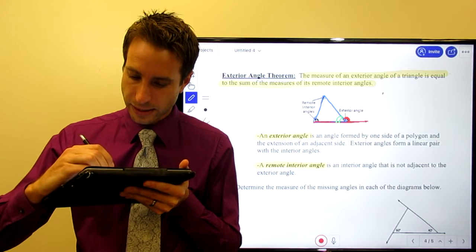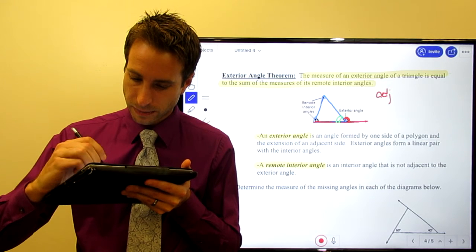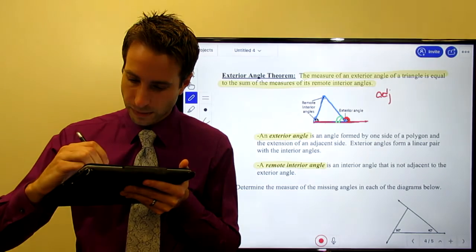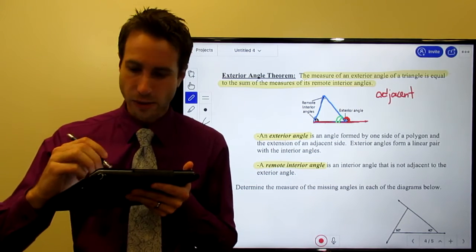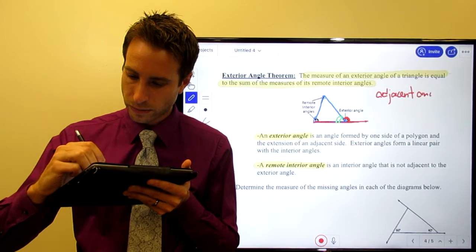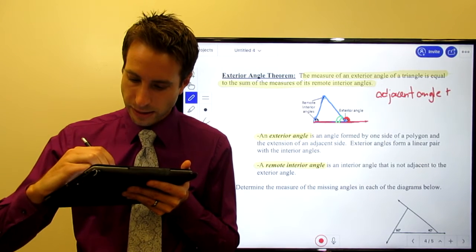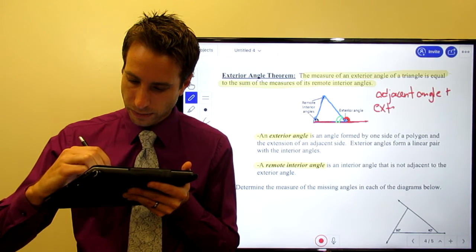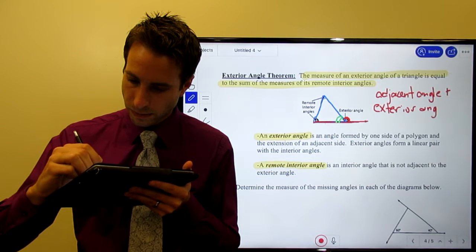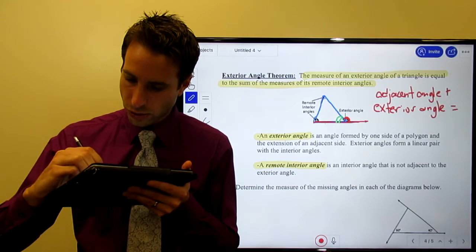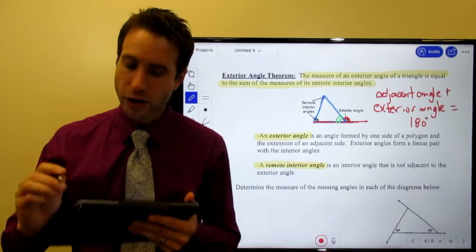The adjacent angle plus the exterior angle equals 180 degrees.